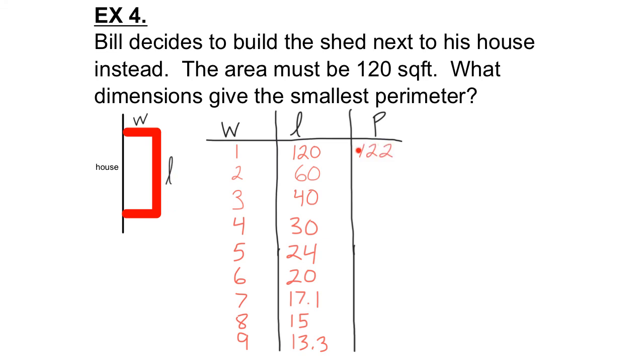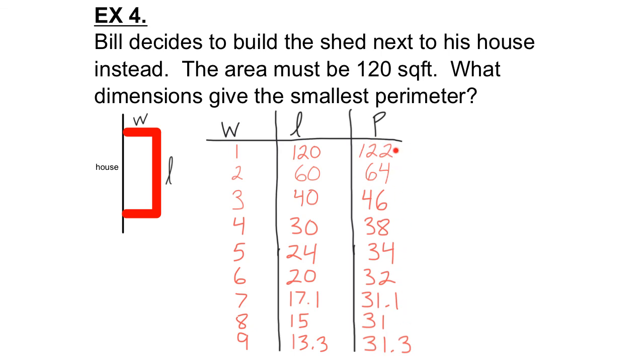So that gives us a perimeter of 122. For the next one, width is 2. Length is 60. Plus another width, that's 64 as the perimeter. So we can keep going through that process, and we end up with this list.